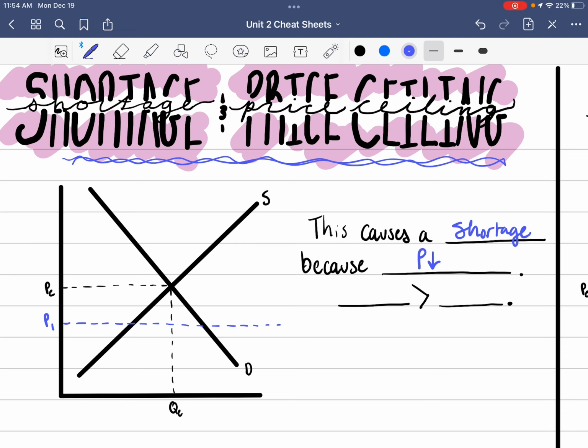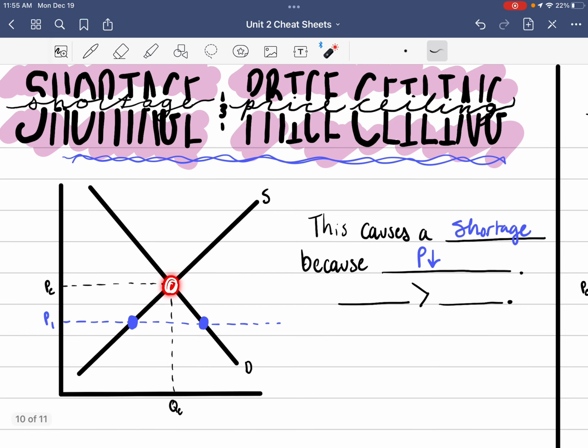Where price hits the 2 supply and demand curves, you put a new dot. These dots represent disequilibrium, meaning that our current economic state is not at equilibrium for this good because the price was artificially dropped. From those disequilibrium points, you follow your dotted lines down.